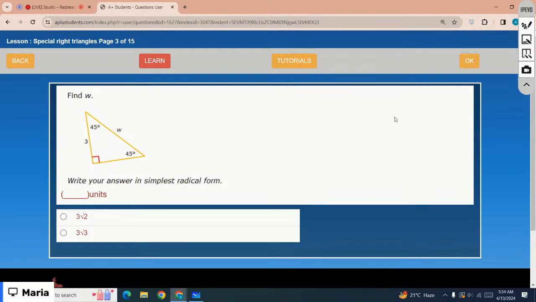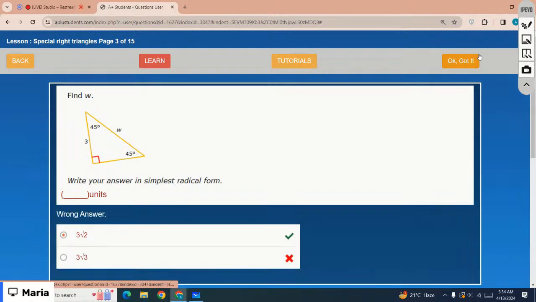Yes, that is 3 square root 3 is the correct option. Oh, sorry, 3 square root 2 it is. Okay, got it.